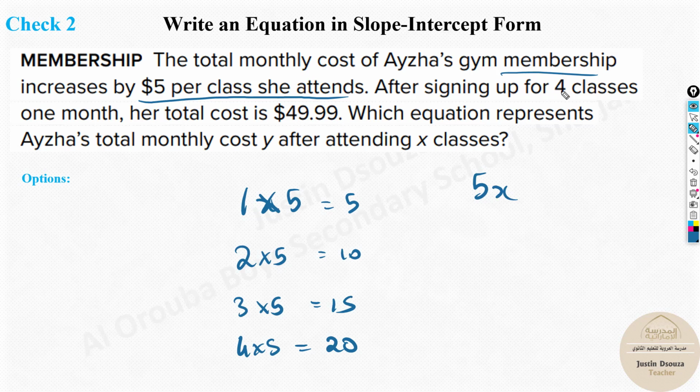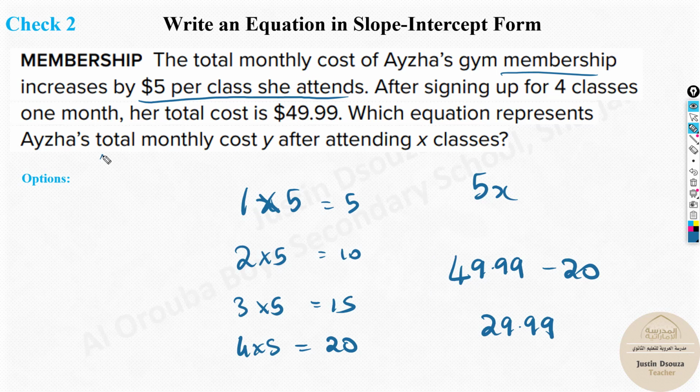Here they have told 4 classes she attends in a month, but her total cost is so much. If it's 4 classes, what is the cost for the 4 classes? It's 20, right? But she is paying 49.99. Minus this, minus 20, how much remains? It's 29.99. So this is the membership cost, or this is the y-intercept basically.